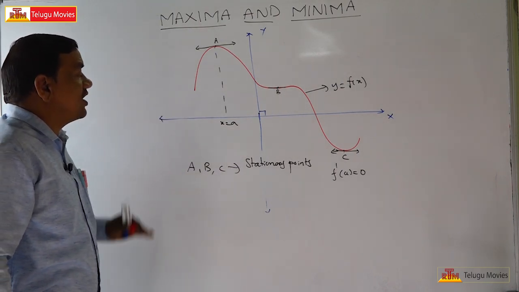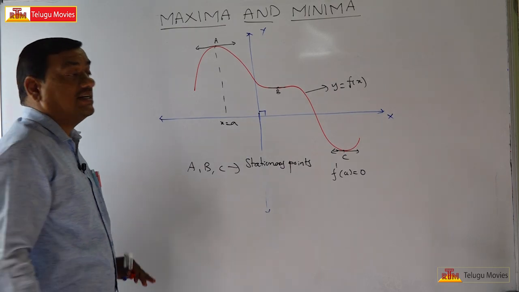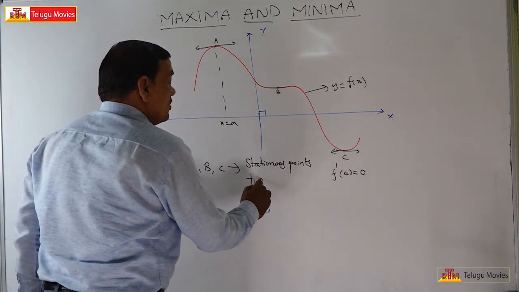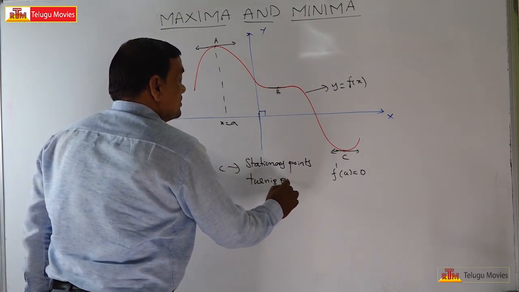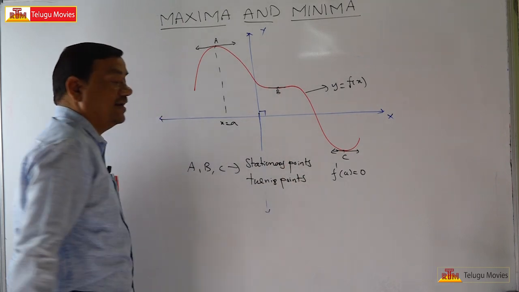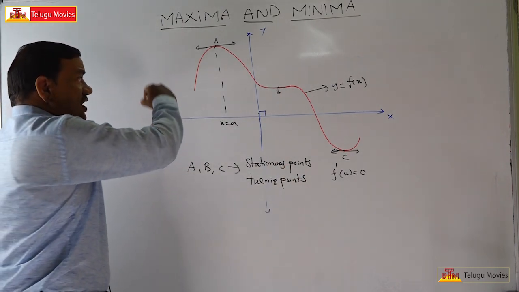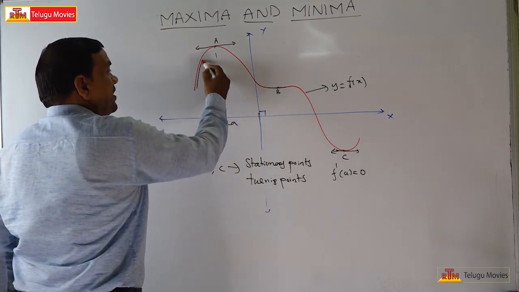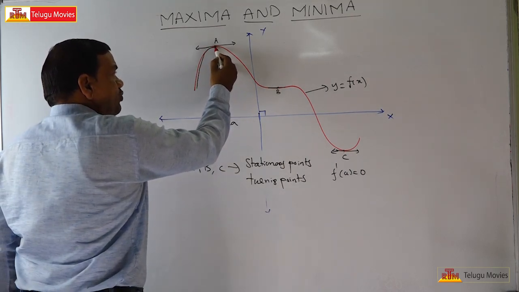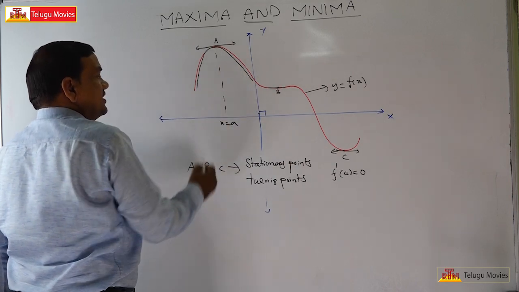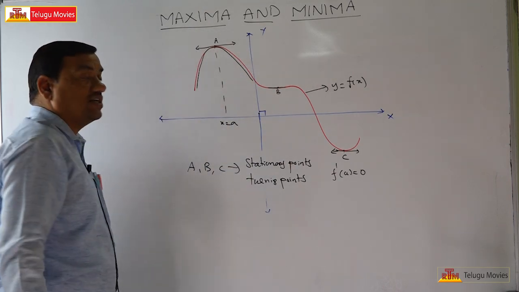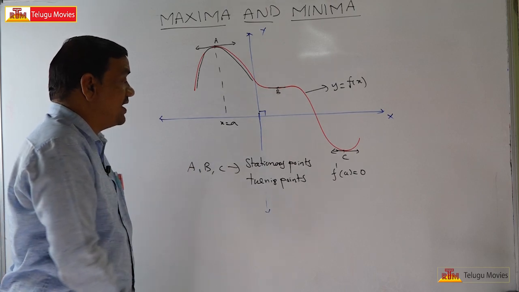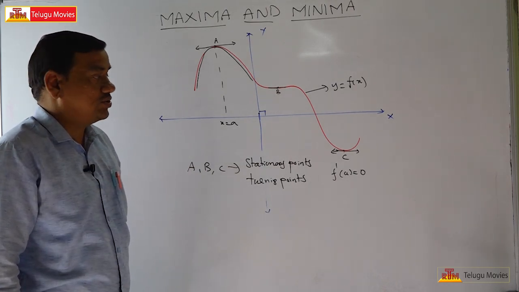That's why these are called stationary points, and sometimes they are also called turning points. Why? Because the curve takes a turn. Here, the function increases and from this point it decreases.